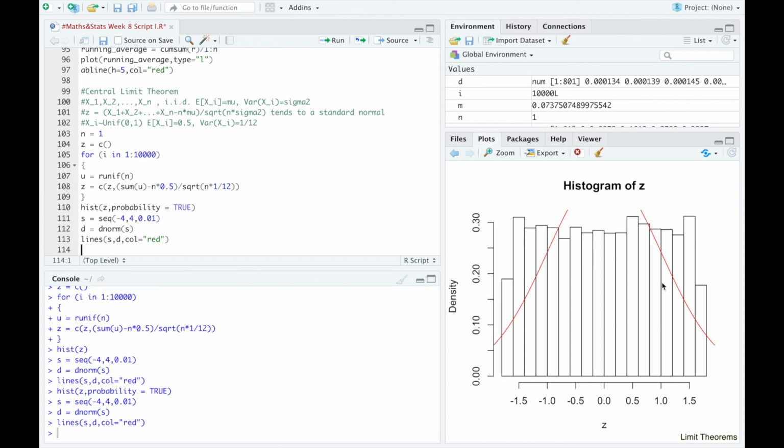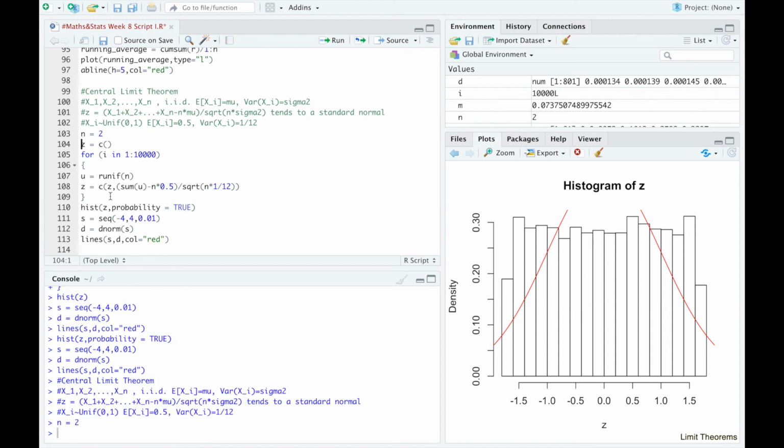This clearly does not resemble a normal distribution, but let's look at how fast this convergence happens. If we only choose n equal to 2, each time with this cycle we will sample 2 times from a uniform distribution, compute the sum, take out 2 times the average and then rescale.